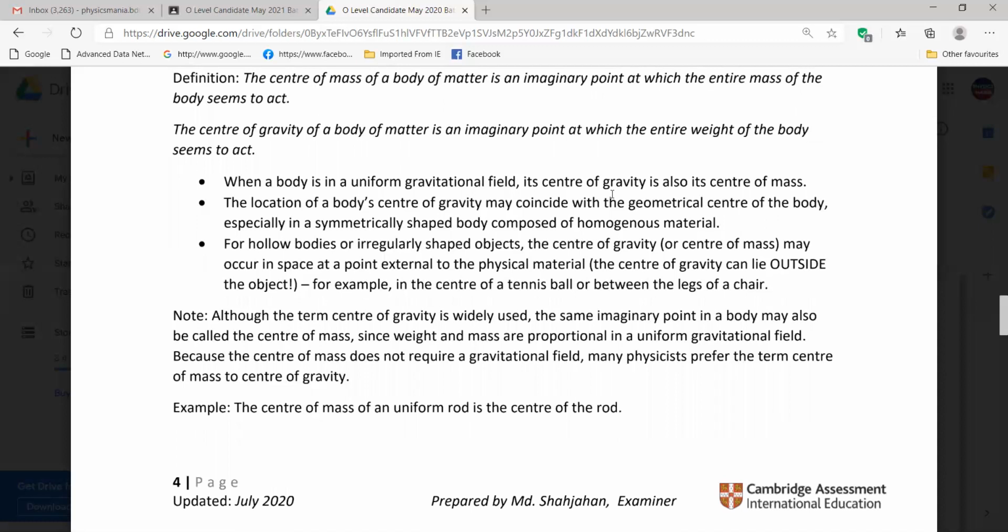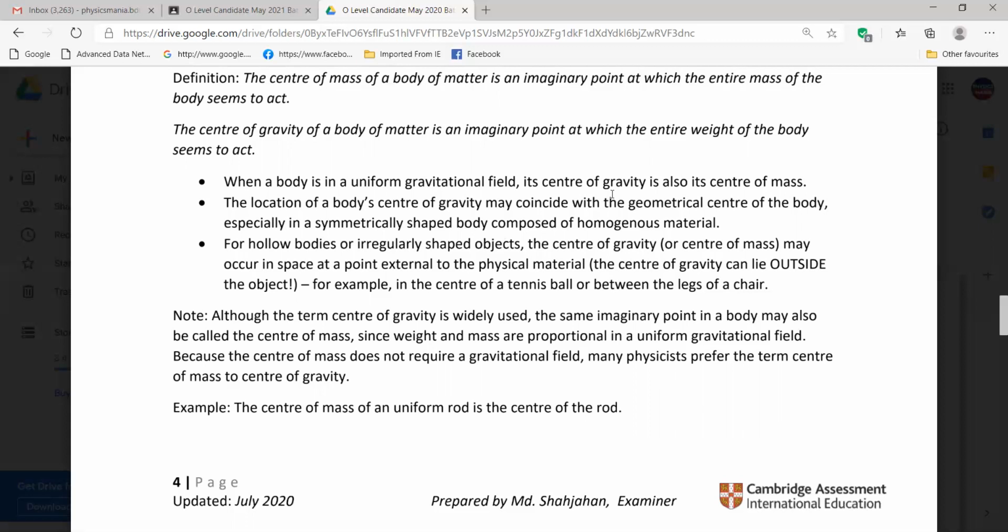Okay. Note. Can you read the note? Although the term center of gravity is widely used, the same imaginary point in a body may also be called the center of mass, since weight and mass are proportional in a uniform gravitational field. Because the center of mass does not require a gravitational field, many physicists prefer the term center of mass to center of gravity.